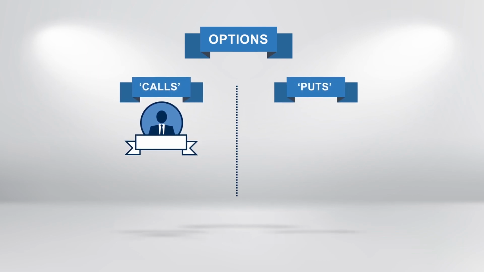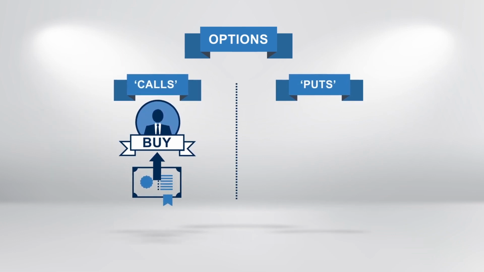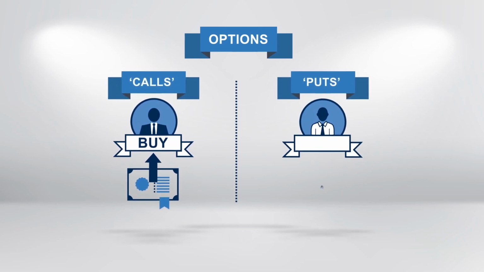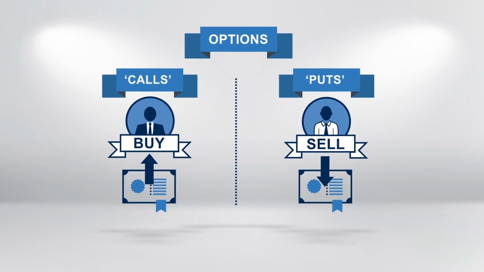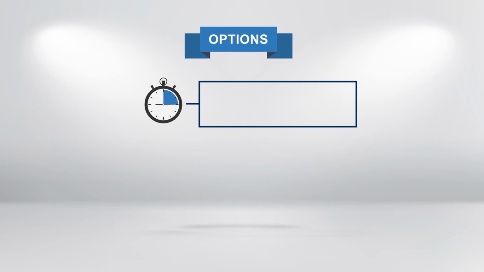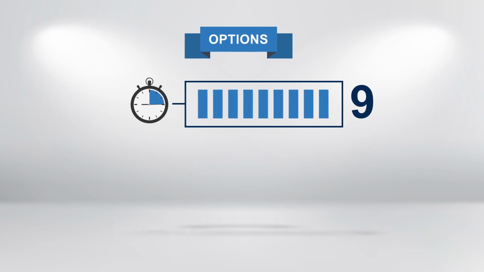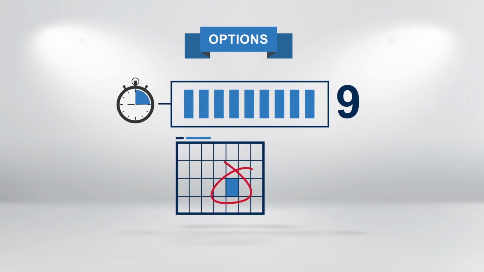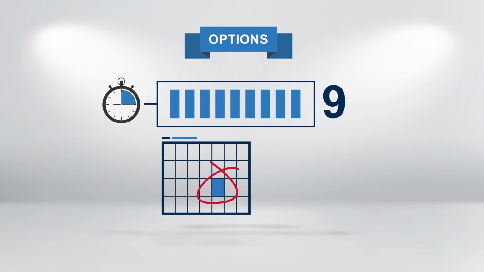While a buyer, a holder of a call, has the right to purchase shares of a stock at a predetermined price, the buyer of a put has the right to sell an underlying stock at a specific price during the option's life cycle. The life cycle of an option is typically up to 9 months, after which options cease to trade. Owners of an option can only exercise an option on or before the third Friday of the expiration month.